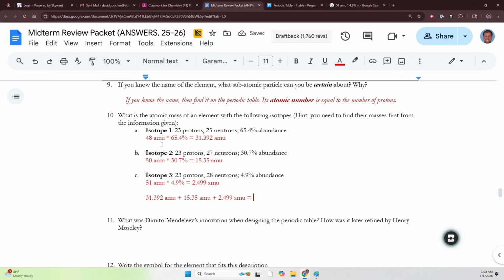I know that my answer needs to be somewhere between the low and the high number. So it must be between 48 and 51 and closer to whatever I have more of. So I have very little of the 51 and about 2/3 of the 48 isotope. So my answer should be closer to 48 than 51.